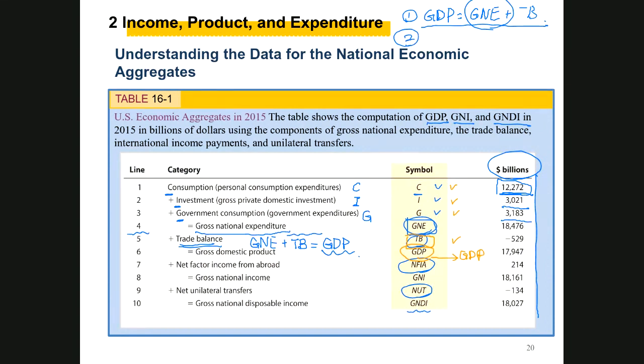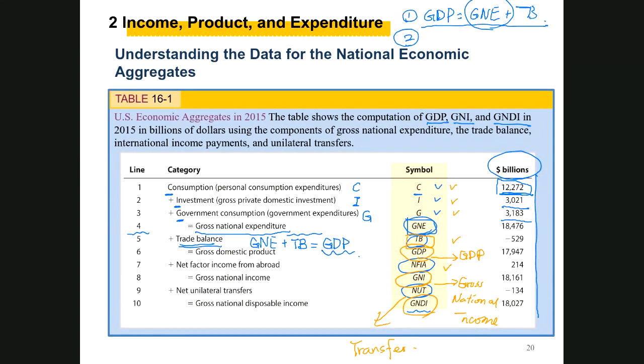And if you know the net factor income from abroad, you should be able to calculate the GNI, gross national income. One last term: if you know the net transfer, you should be able to find the gross national disposable income. All based on those three equations. So this is the first one.